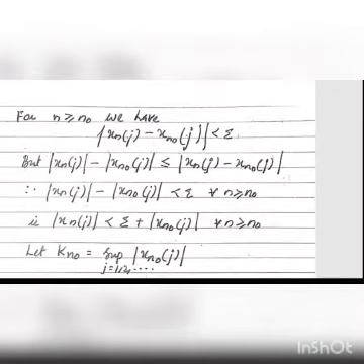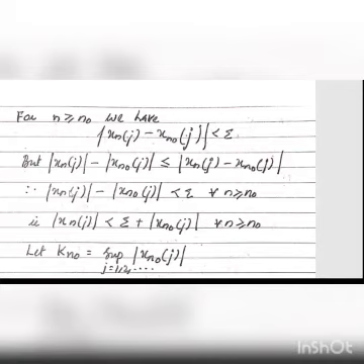Now for n greater than or equal to n naught, we have that xn(j) minus xn naught(j) is less than epsilon. But we have another inequality: mod of xn(j) minus mod of xn naught(j) is less than or equal to mod of xn(j) minus xn naught(j). Comparing these two, we get that this quantity is less than epsilon.